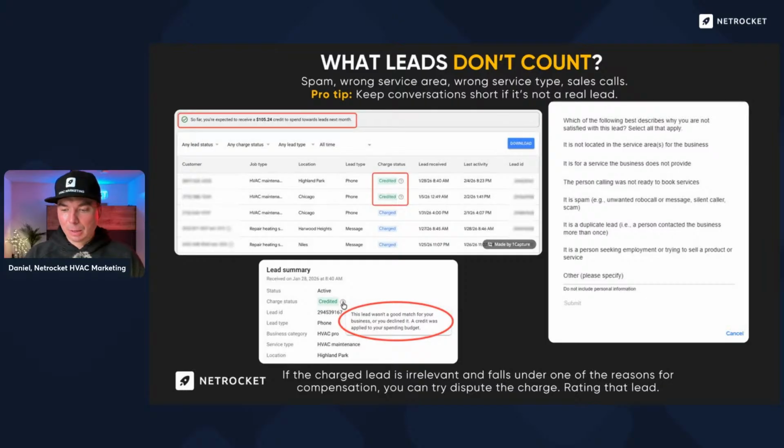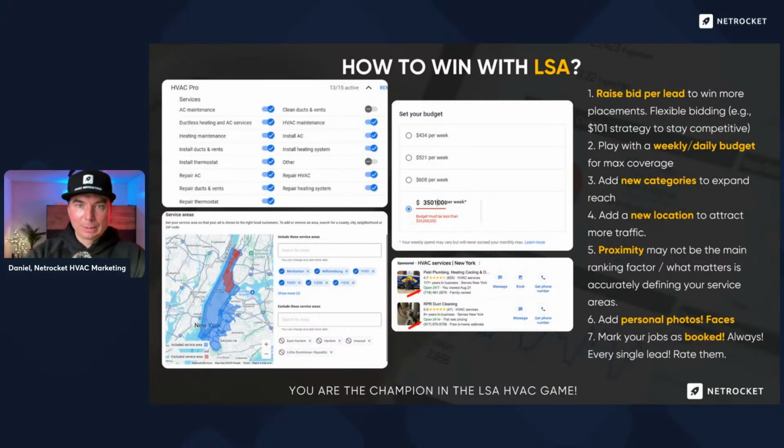And they say it in their policies as well. The main thing is that they will learn from that, but they can also make a credit to your account. So make sure that you're paying for quality leads and qualified leads only.